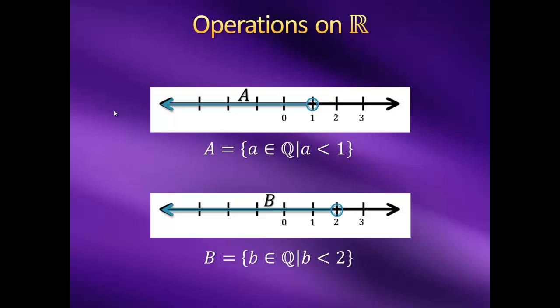Then what would the sum of those two real numbers be? Remember that A and B are sets, so our answer should be a set as well. Any ideas?